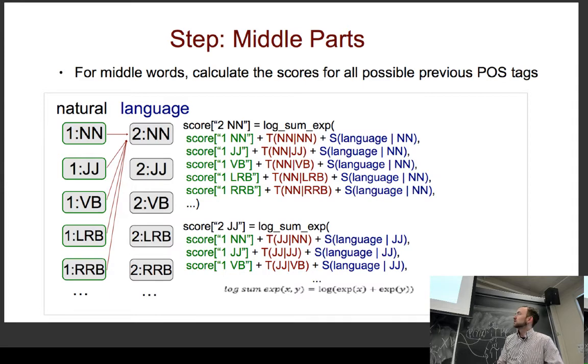the scores. Do people know about log sum x? Some people. So basically, the idea is when you have probabilities, if you have p of x and p of y, p of x or y is equal to just the sum of these, right?